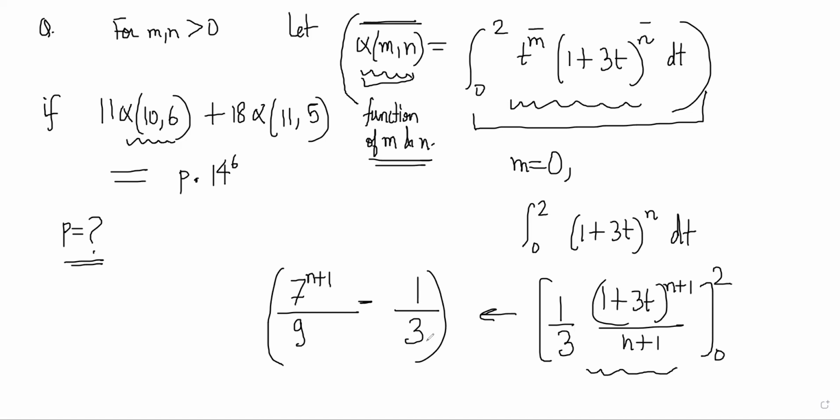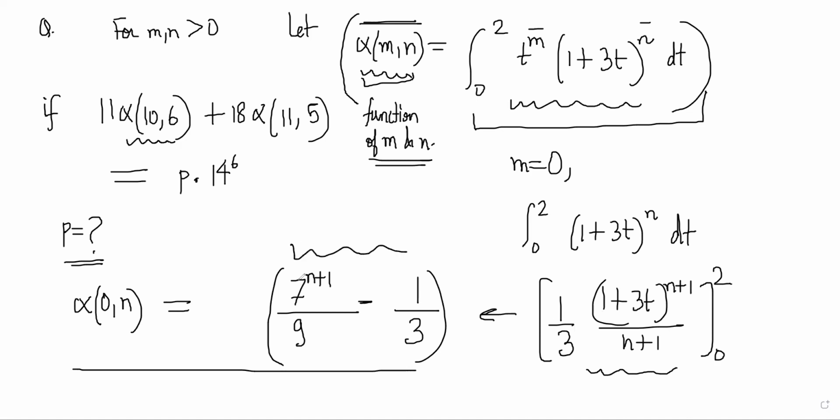Yes, sir. So is alpha 0 comma n equal to this? Yeah. So is the final answer coming in terms of n? Yes, sir. When m was fixed, m was 0, the final answer alpha 0 n is coming in terms of n or not? Yes, sir. It's coming.